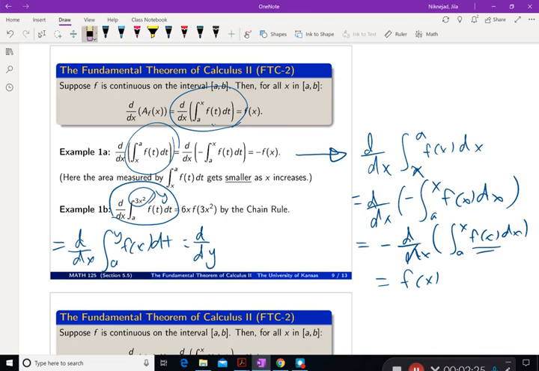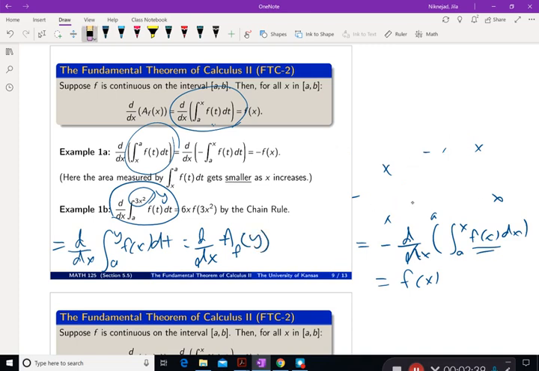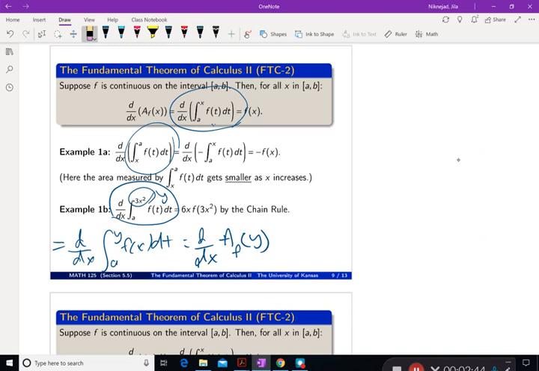I'm sorry, let's start over. It's going to be d/dx of A sub f of y, and according to the chain rule, what we know is this is going to be equal to d/dy of A sub f of y times dy/dx.